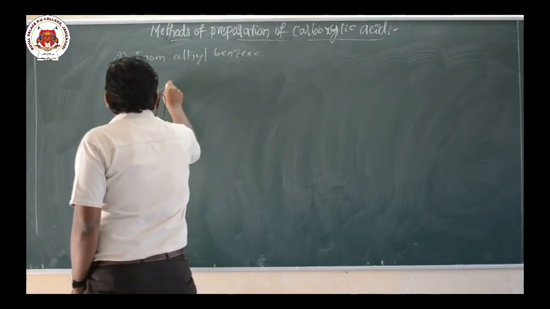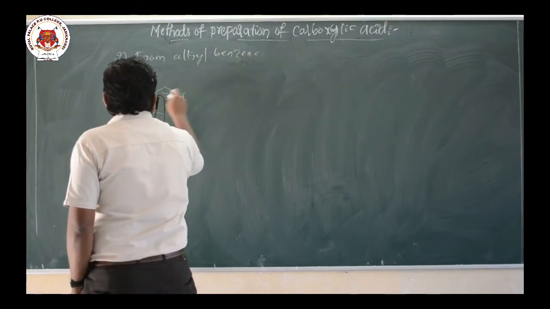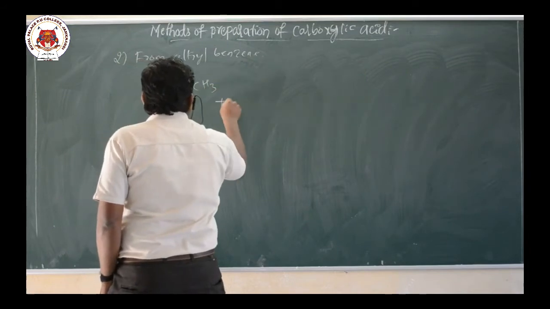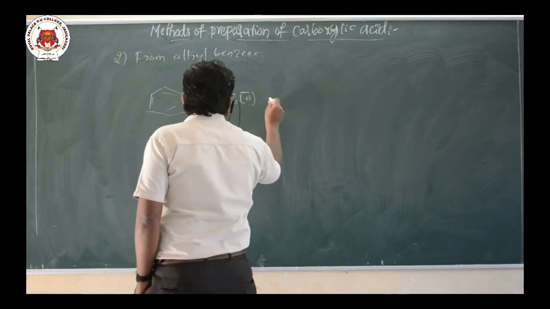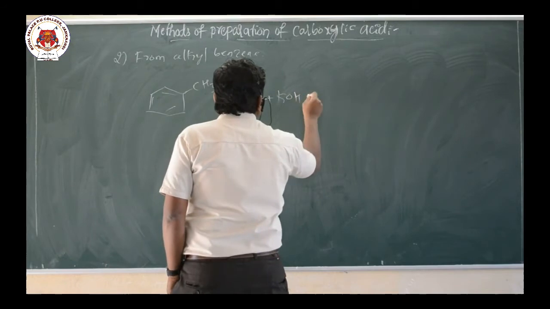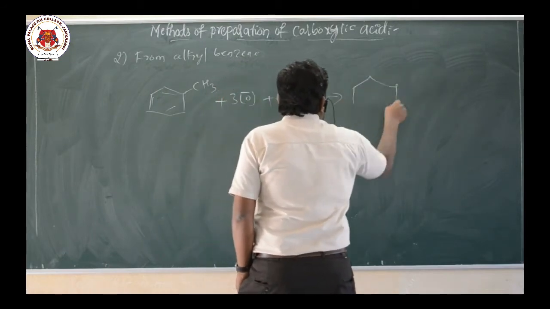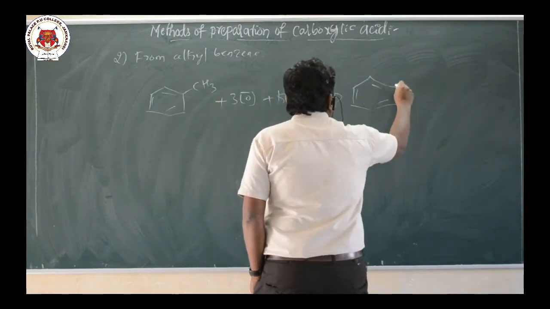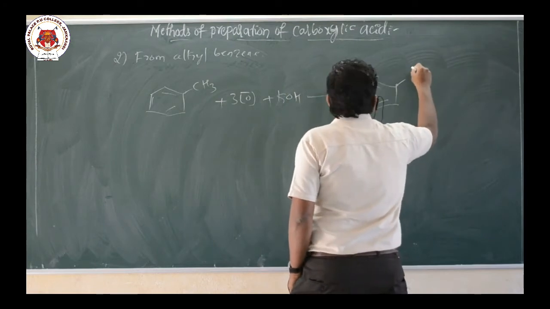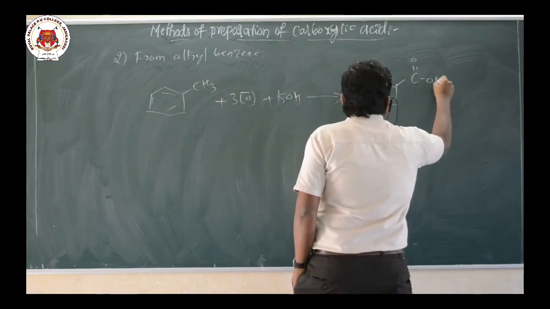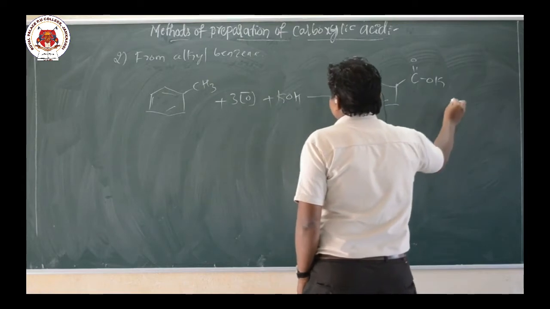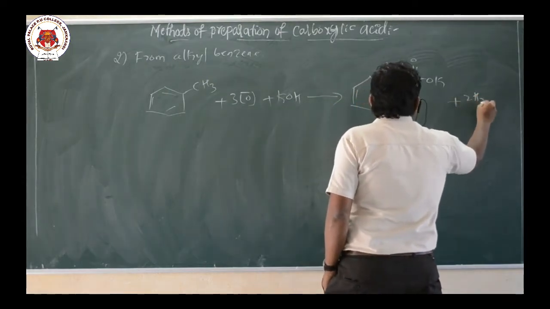Okay. So let us take directly one example. When toluene undergoes oxidation in the presence of base, there is a formation of an intermediate product. Okay. So intermediate product. Now here 2H2O.